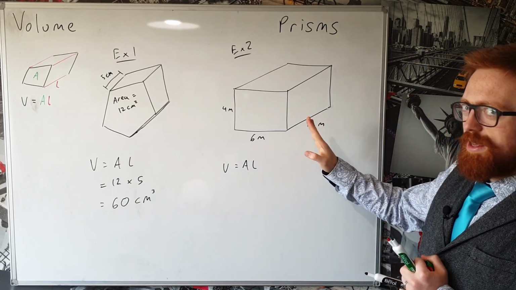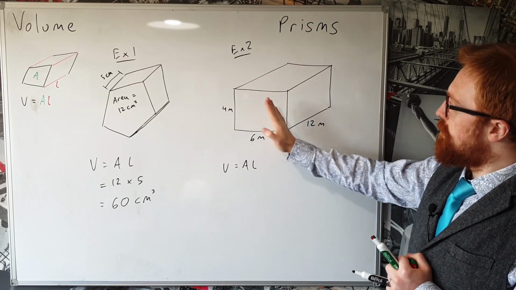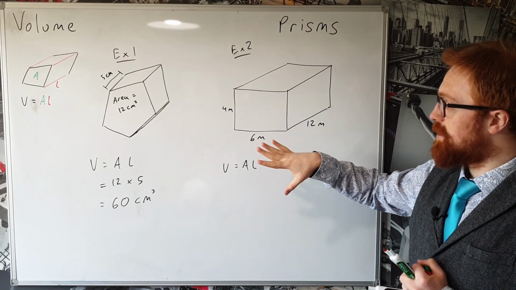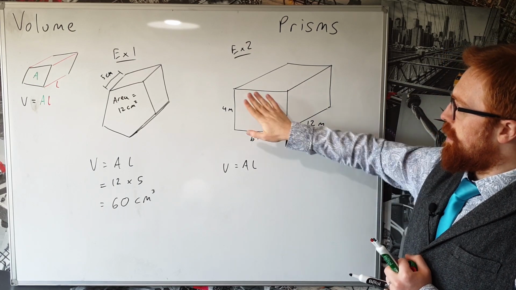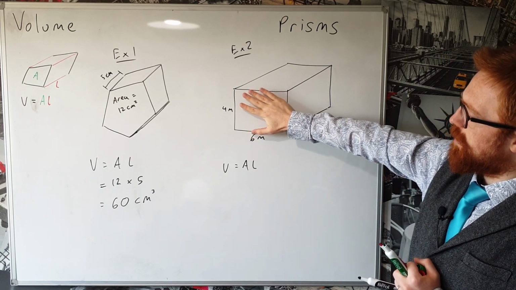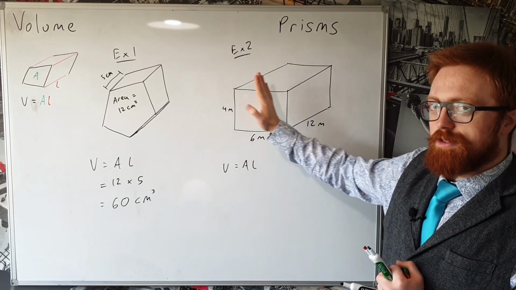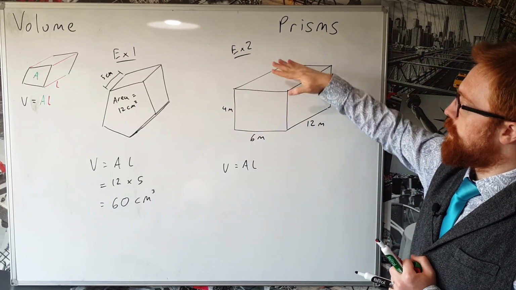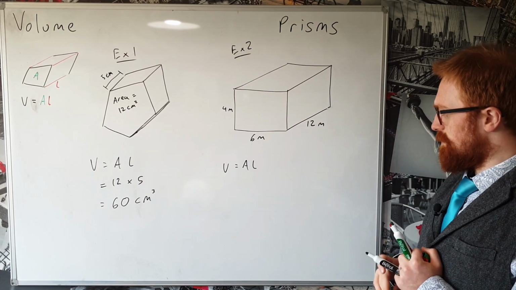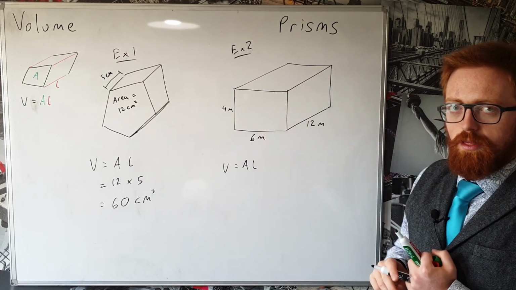Now with this one, any of the faces would work to find the area of, because if we look at this face, we can think of stretching that out backwards. If we look at this face, we can think of stretching that out to the side. If we look at this top face, we can think of stretching it down. But we'll work at the front face.